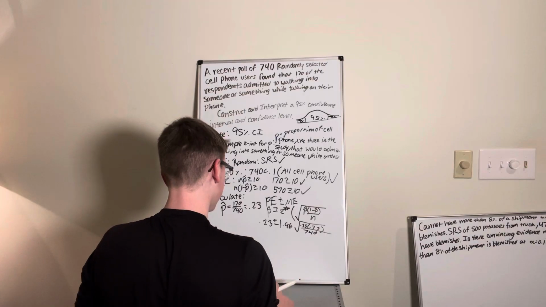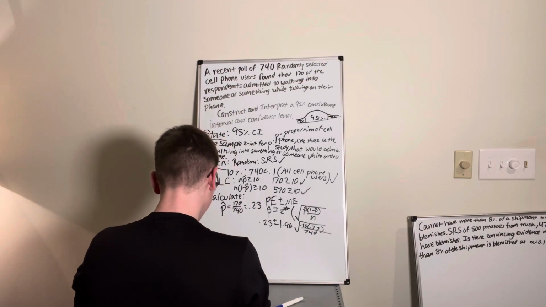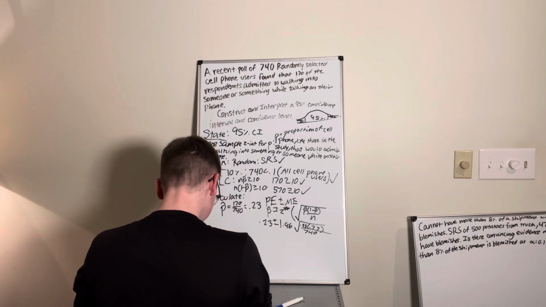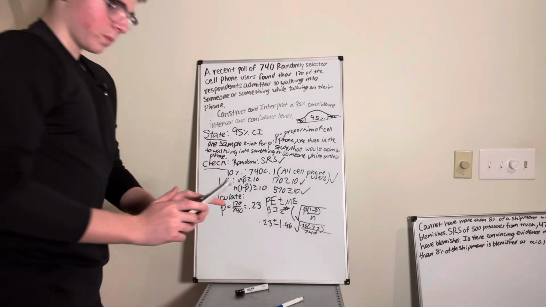Then again, you can plug all this into your calculator and get an answer. But there is also an easier way to do this: 1 proportion z interval. Okay, so here it is.